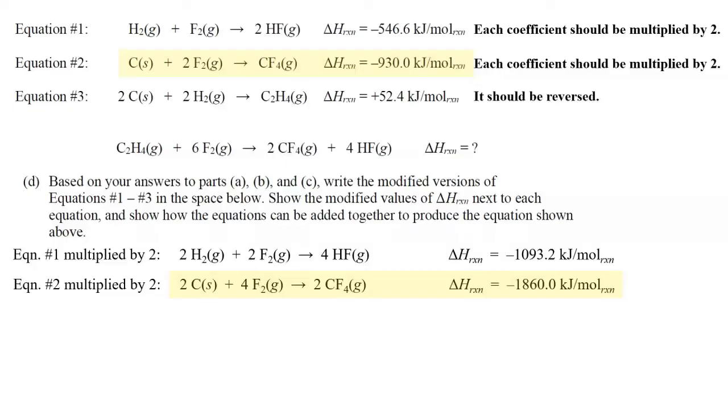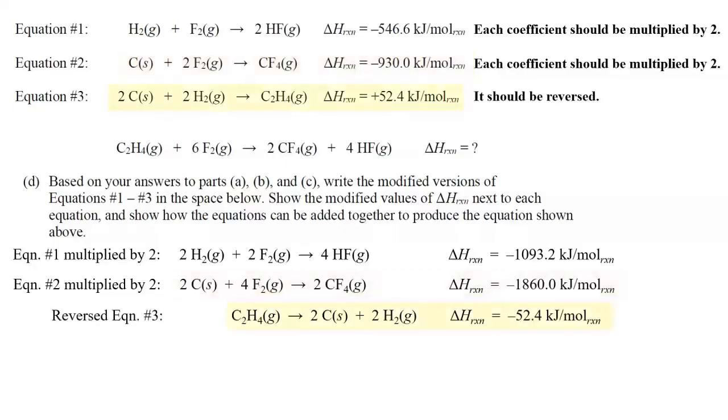1,860. For equation 3, because it has to be reversed, you can see that I have C2H4 is now on the left, and then I have 2 carbons and 2 hydrogens on the right, so I flipped it. So the delta H was positive 52.4, and now as you can see it's negative 52.4.